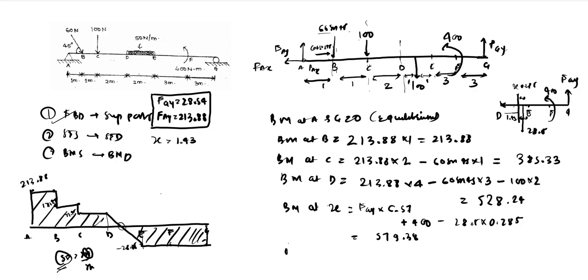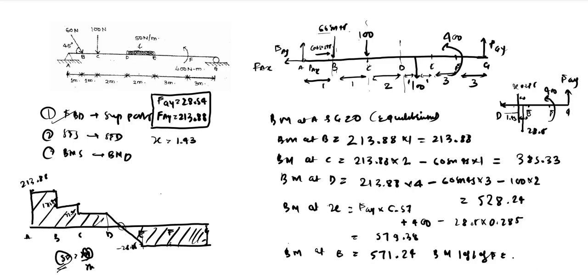Yeah, we have a bending moment at E, because we have calculated at D, we need bending moment at E. We have FGY into 6, anti-clockwise again plus 400. So FGY is 28.54 into 6 plus 400. We have 571.24. For bending moment left of F, because there is a certain movement, we need to consider left and right of that point.